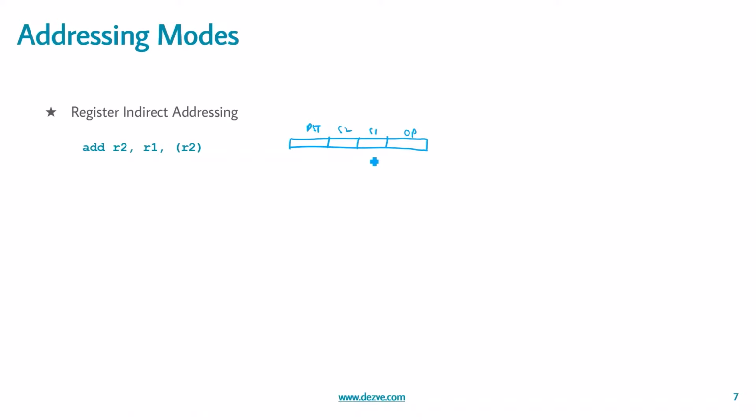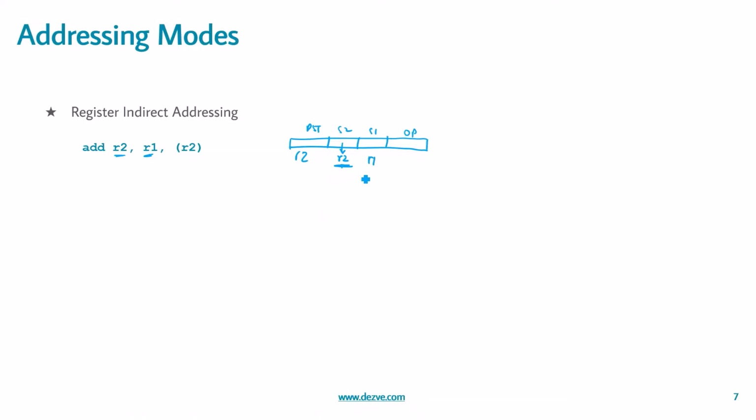Again the first source operand is R1, destination is R2, but what we are saying here is that this particular S2 will have a register index, saying that the operand is present within R2, but don't use the value of R2 directly. R2 is carrying an address, so index that address and then fetch a value.